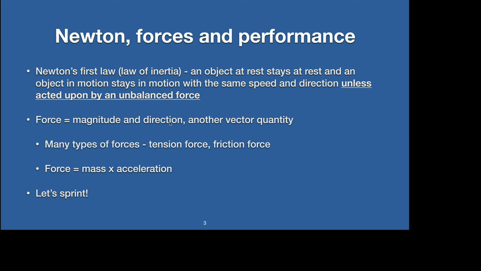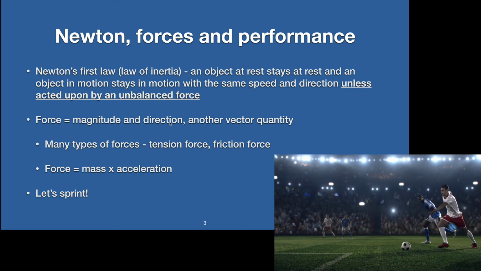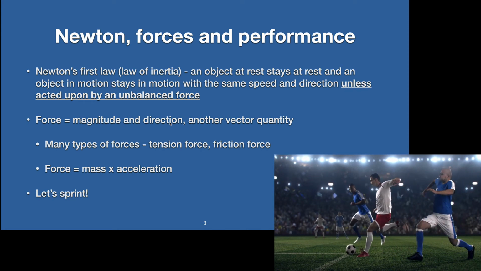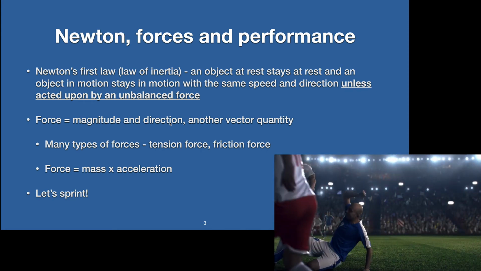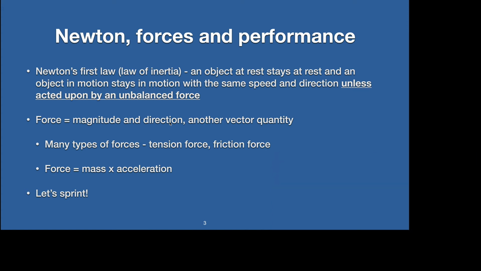So we're losing a lot of that magnitude of force in a direction against the direction that we really want them to go. So again, Newton's first law really helps us in understanding how our training, both training the mechanics of running as well as working on force production, is going to impact sprint speed.